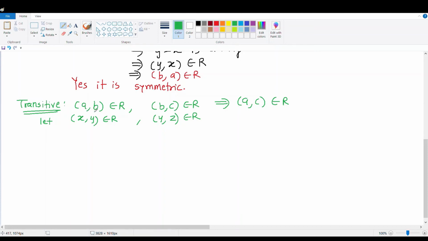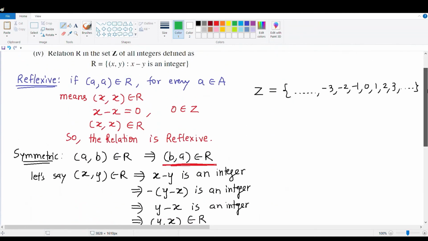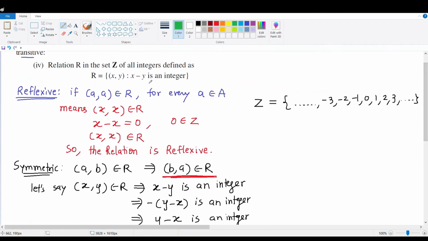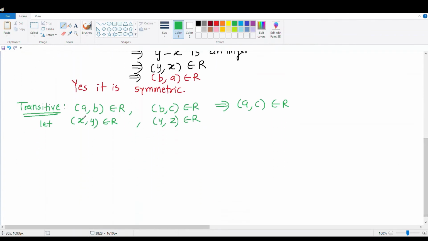We already took b equals y. So x comma y belongs to R, and from that condition, x minus y is an integer. So if we have x comma y in R, what can we say? That x minus y is an integer.